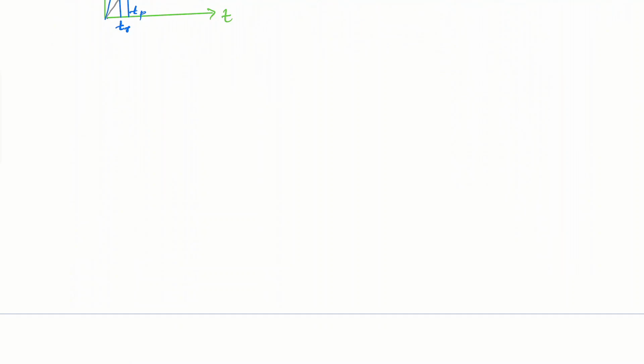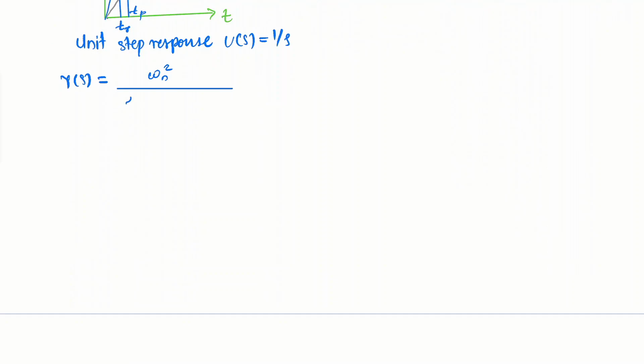So if we take unit step response, U of S would be 1 over S. So the output would be omega n square divided by S square plus 2 zeta omega n S plus omega n square, bracket S.